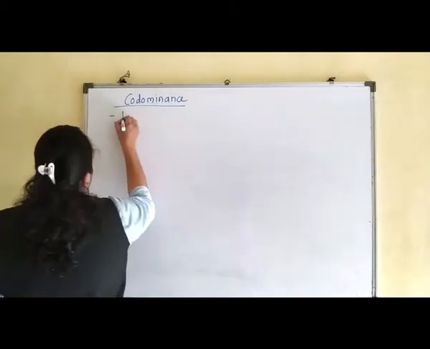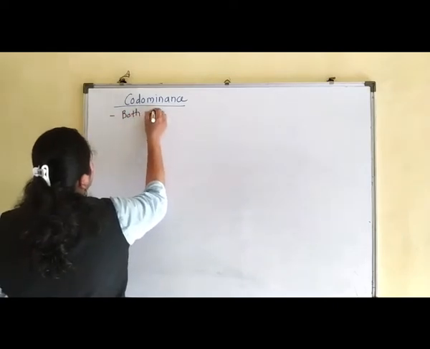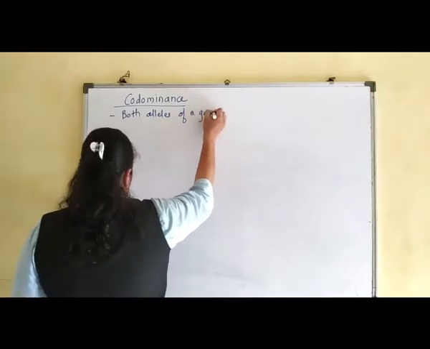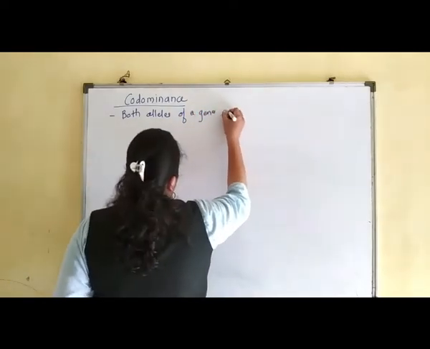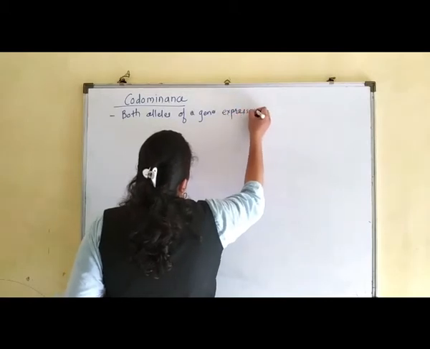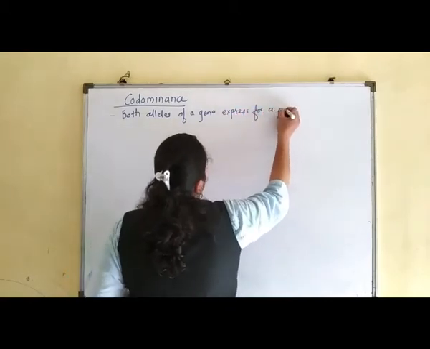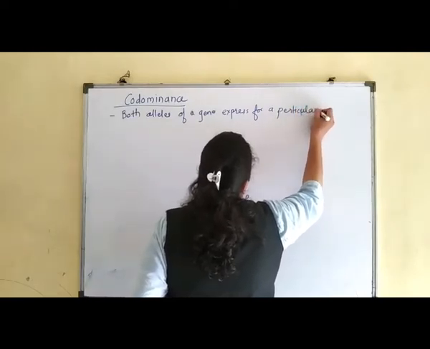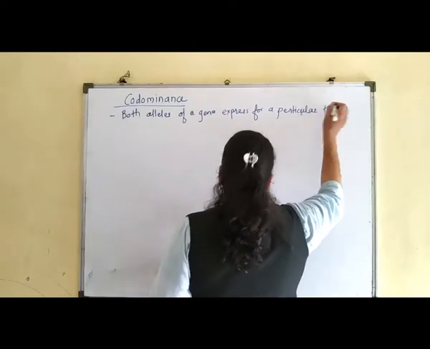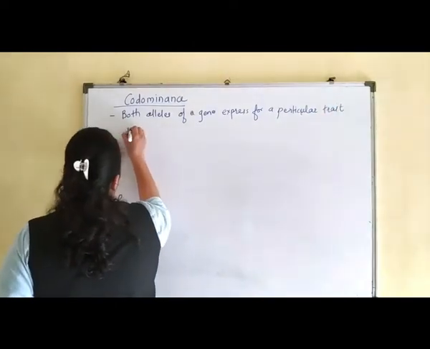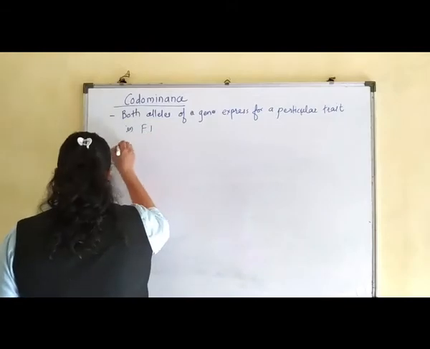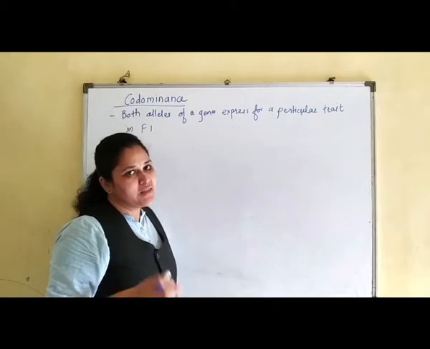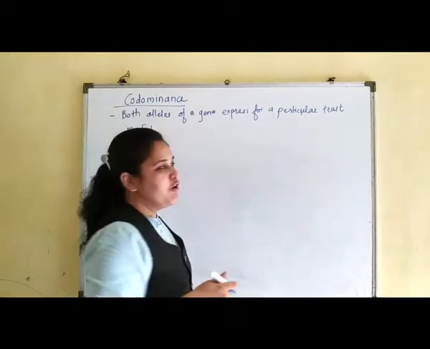So here both the alleles of a gene express for a particular trait or character in F1. No blending of characters. Means both of these alleles give their independent phenotypes.